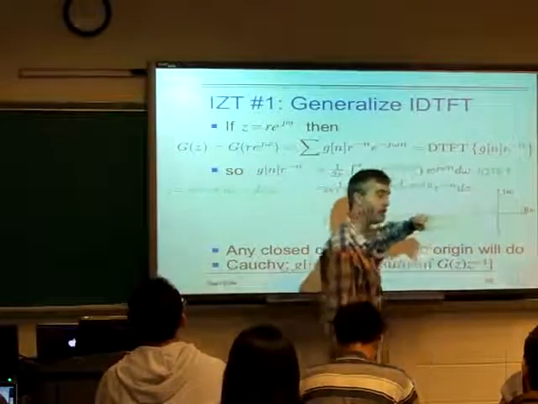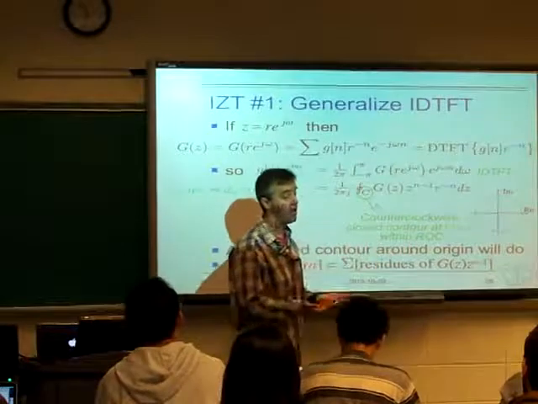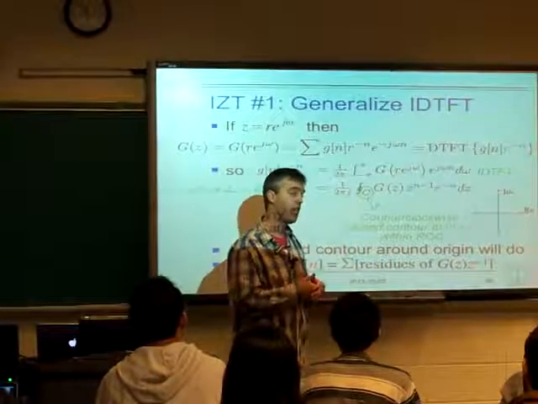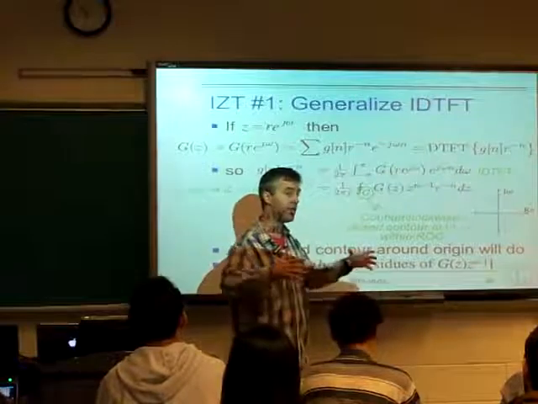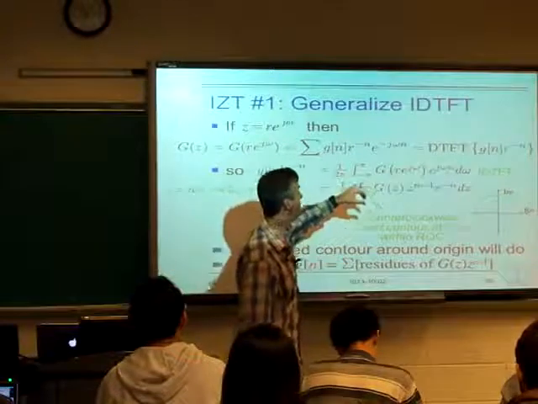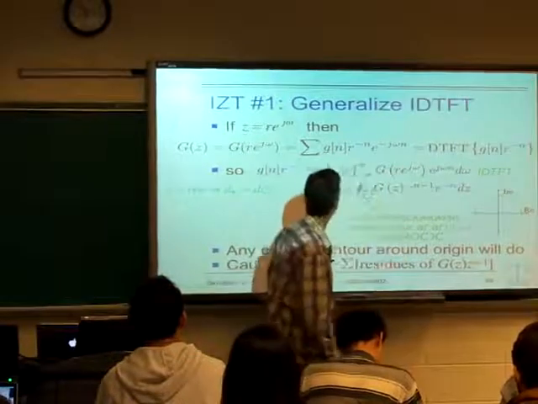And that gets us around the problem of maybe we've got a z-transform which is not convergent on the unit circle. As long as there's some circle where it's convergent, then we can set r to some radius where it does converge, and we can still use our closed form expression.